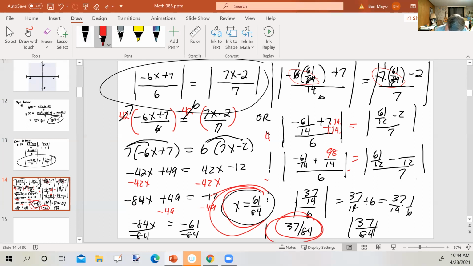Well, we'd have to multiply by 12 twelfths, which makes this 24. What's 61 minus 24? 61 minus 24 is 37. Okay, let's see here.